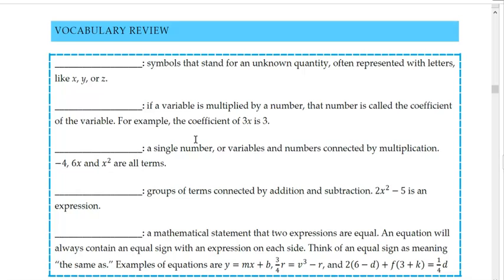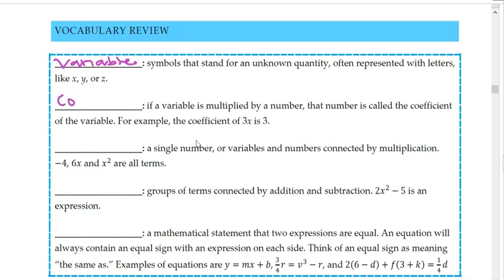All right, so let's kind of go back and review over a few things that maybe you should know for what we're going to be doing next. All right, so a variable is just basically the letters, right, that are found in equations that we're dealing with.